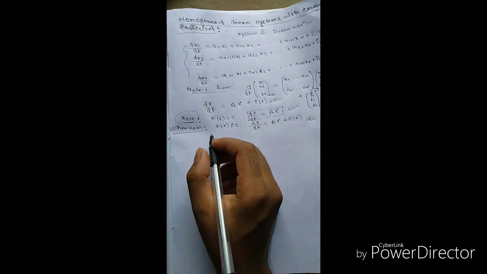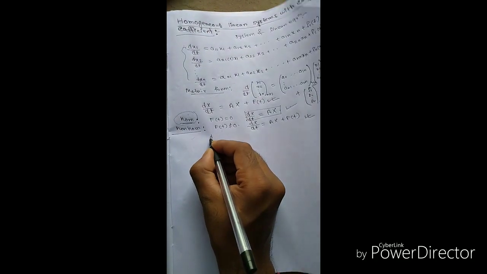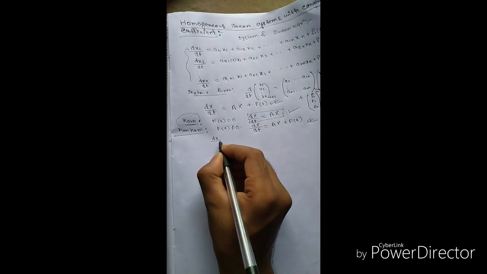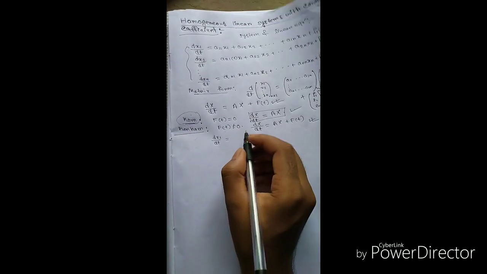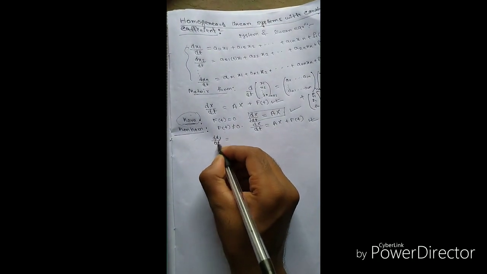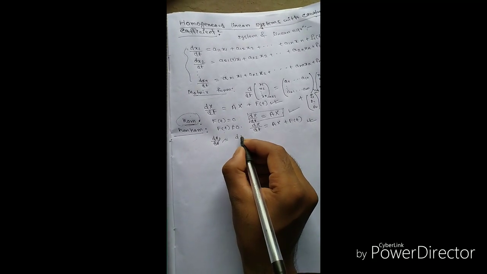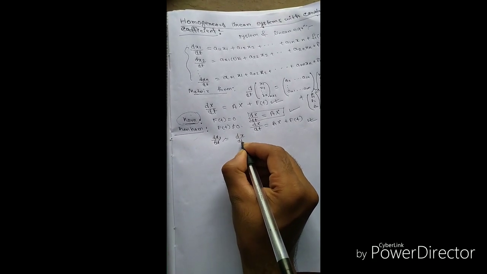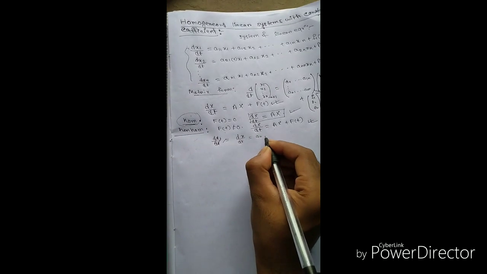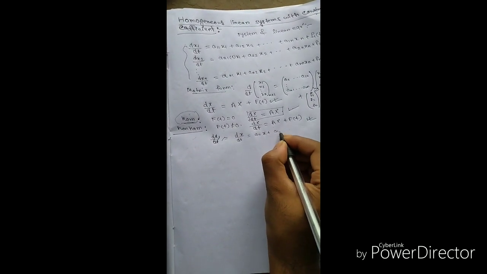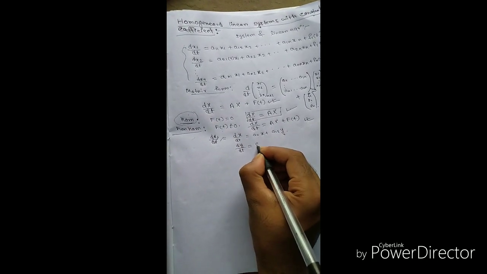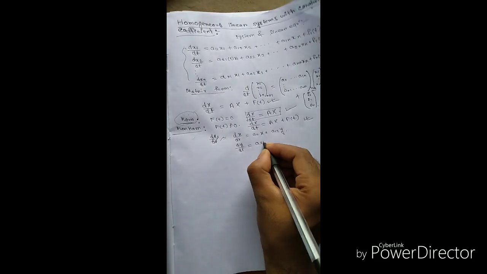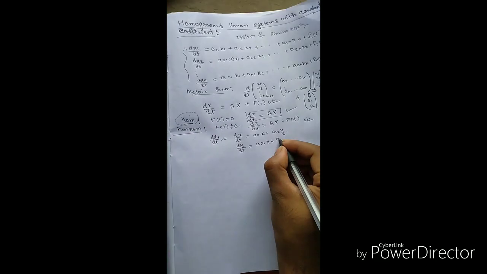Suppose we are given an autonomous system, for simplicity, dx/dt equal to a11 x plus a12 y, dy/dt equal to a21 x plus a22 y.